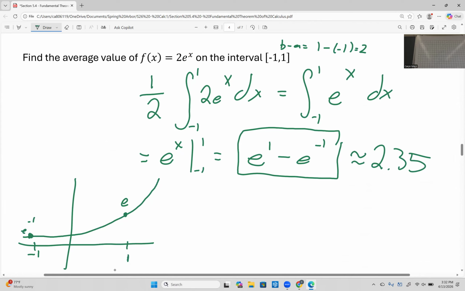What that is ultimately telling us is if we were able to pick out every single little point along here and add them all up and divide by that infinite number of values, the average of all of them, what it averages out to is 2.35. And actually, I have been describing this wrong because our function's not e to the x, it's 2e to the x.